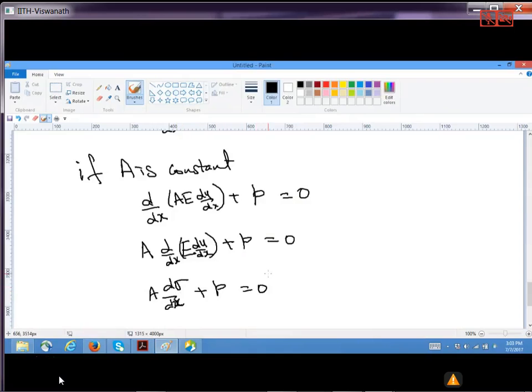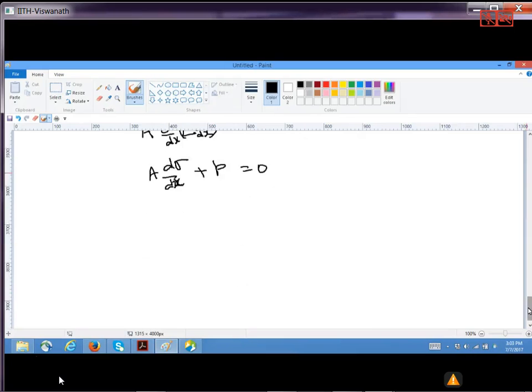so A d sigma by dx plus p is equal to 0, or I can write it again as d sigma by dx plus p by A equals 0, where p is body force per unit length.